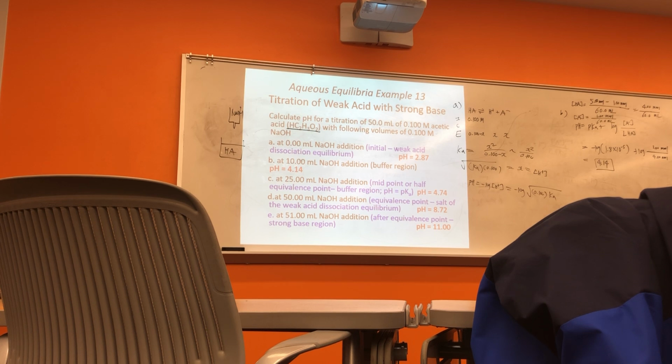When you have equal amounts of HA and conjugate base, the ratio becomes 1, and the log will become 0. So pH will be just pKa.